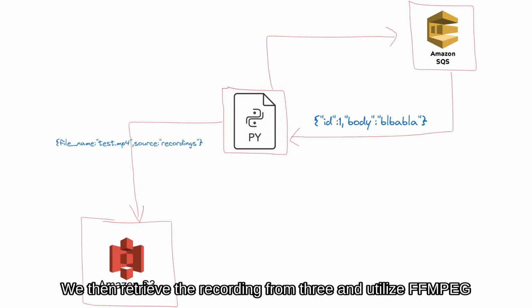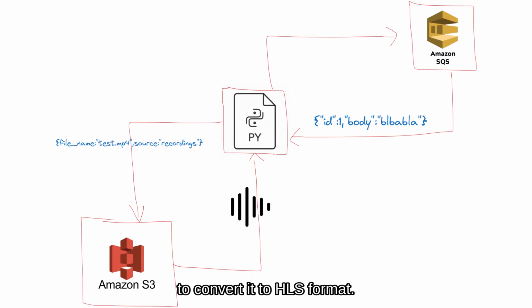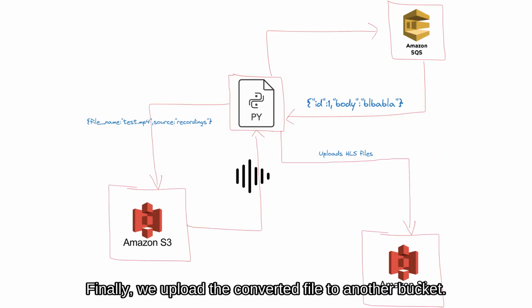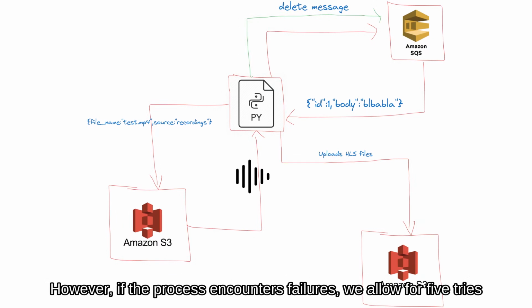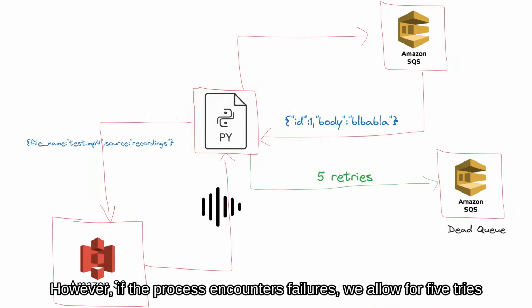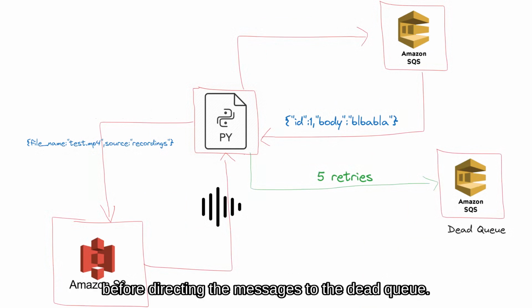We then retrieve the recording from S3 and utilize FFmpeg to convert it to HLS format. Finally, we upload the converted file to another bucket. If the entire process runs successfully, we delete the message from SQS. However, if the process encounters failures, we allow for 5 tries before redirecting the messages to the dead-letter queue.